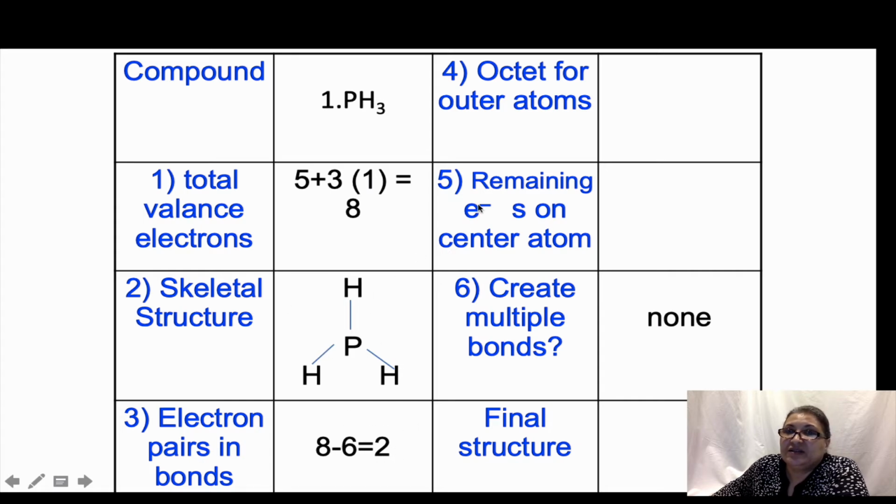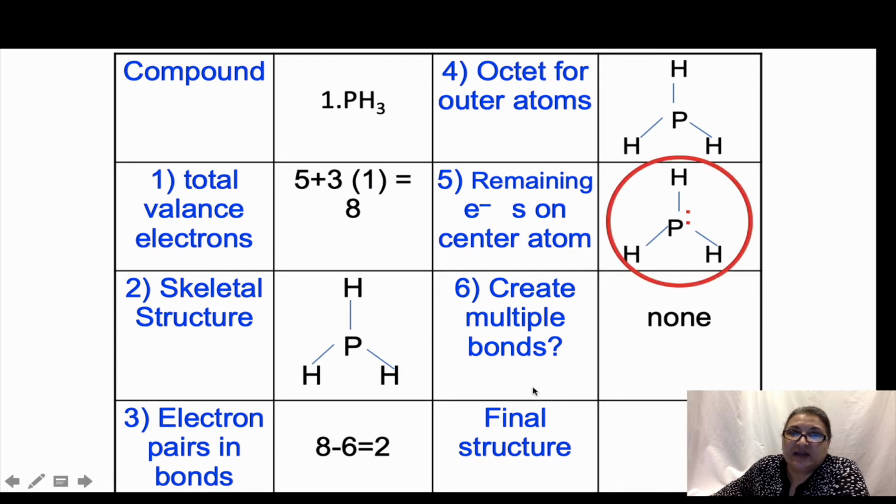Hydrogen is satisfied, it has 2, so we cannot give hydrogen any more than 2, so we put the 2 extra electrons on the central atom. So we'd have phosphorus connected to 3 hydrogens and an unpaired electron pair, and that would be your Lewis structure.